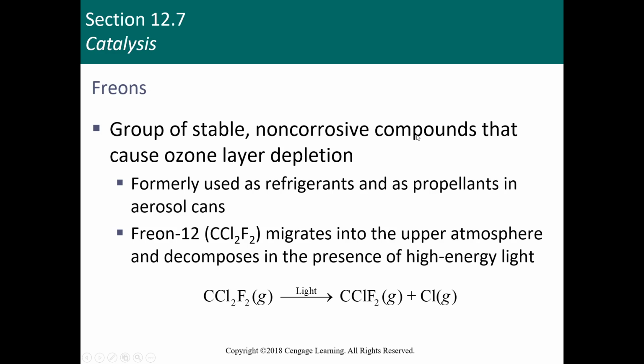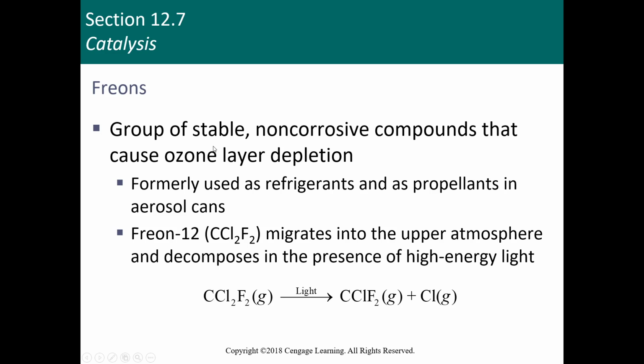However, the problem is that when freons get to the upper atmosphere above the ozone layer, they start interacting with high energy UV radiation. And unfortunately, that energy is actually great enough to overcome their activation energy, and it does this reaction right here, which causes a release of free radical chlorine.